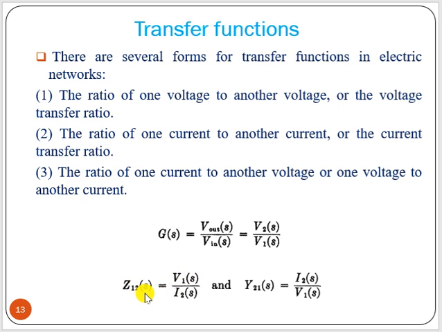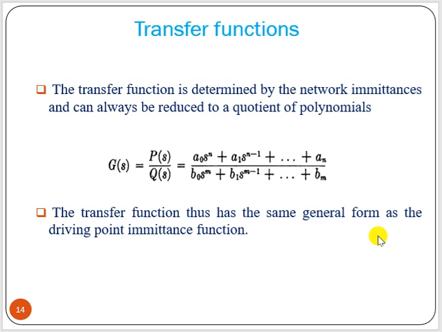Similarly, we can find I2(s) by V1(s), which is called the transfer admittance Y21. And V2 by V1 is known as the voltage gain. Why is this called transfer? Because one is port 2 and another is port 1.